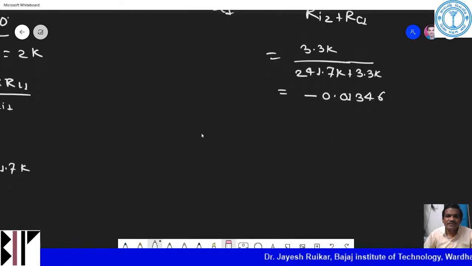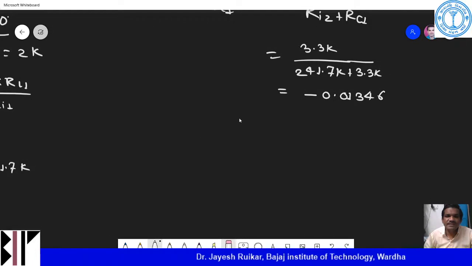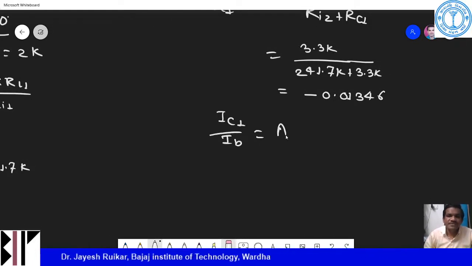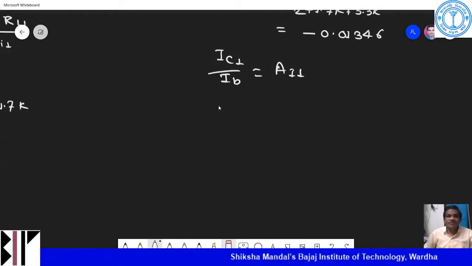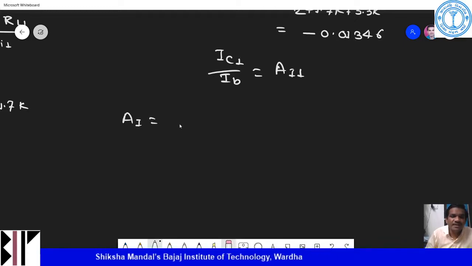And then the last value is IC1 divided by IB1. This is nothing but the current gain of the first stage. So we can put all the values and calculate the overall current gain, that is AI.